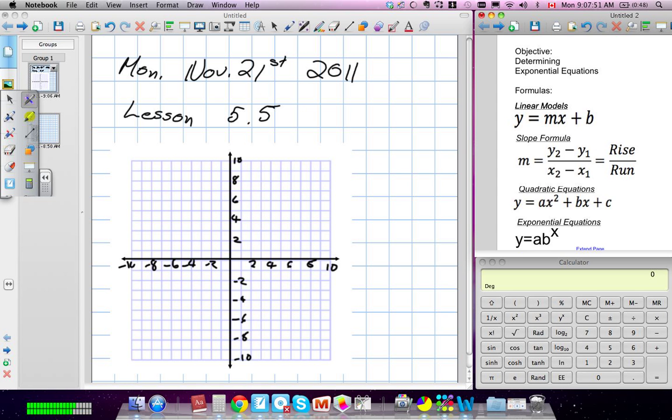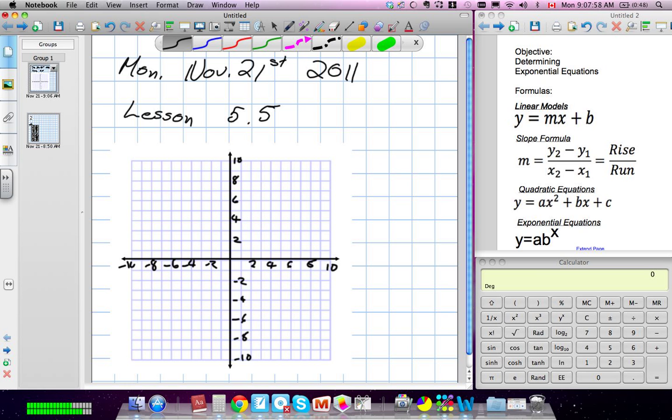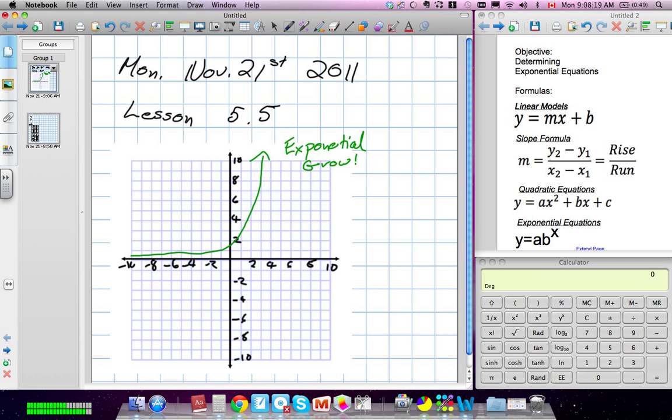So, as a general idea, a rough sketch of a graph for exponential, there are two types of exponential equations that we're dealing with. This is a model of exponential growth. And I'm purposely choosing these colors for you.